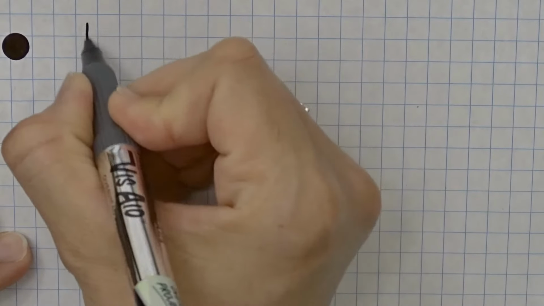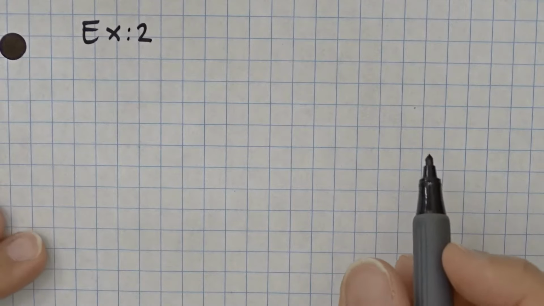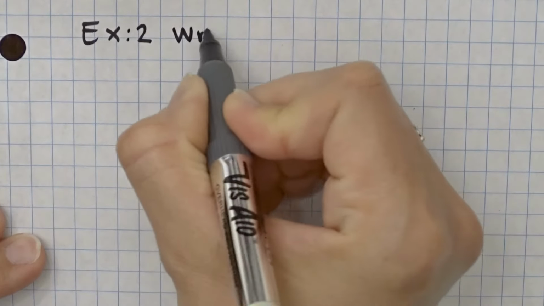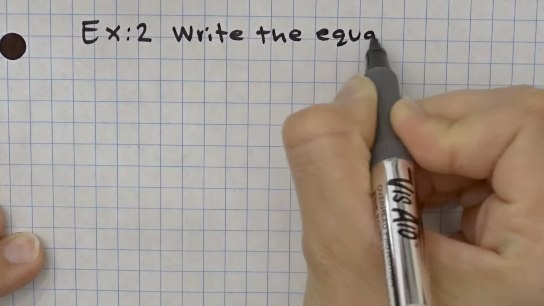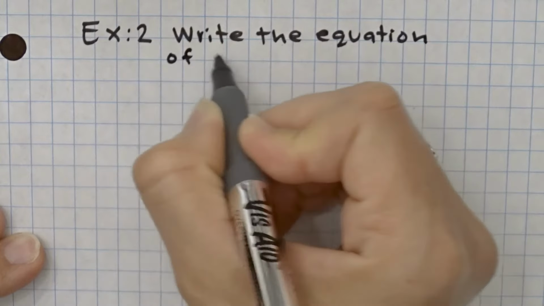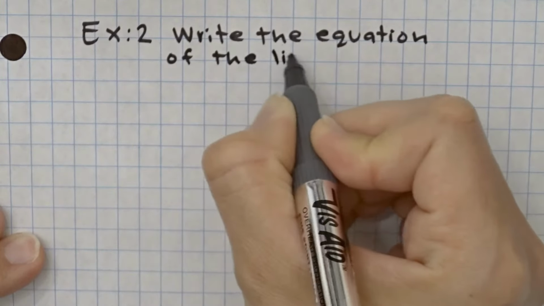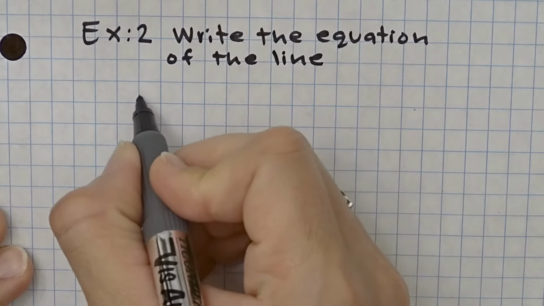All right, so let's look at example 2. In example 2, write the equation of the line. And I'm going to give you a line that's completely horizontal.